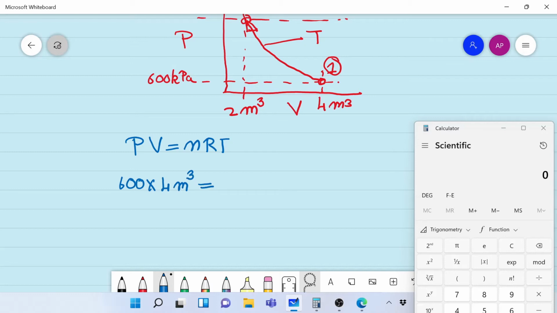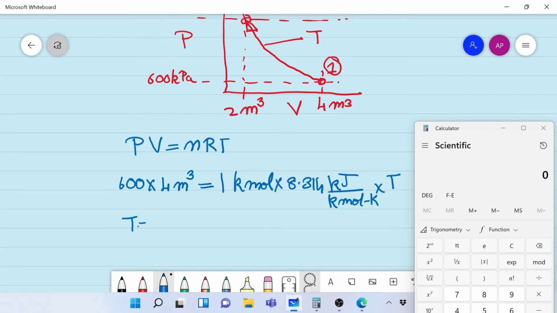The amount of gas is 1 kilomole. R is 8.314 kilojoule per kmol Kelvin, and T is the temperature.